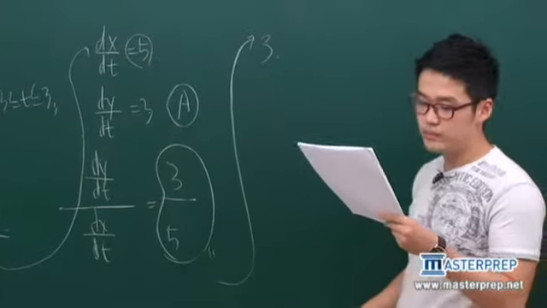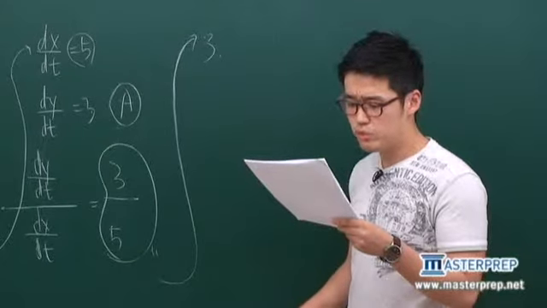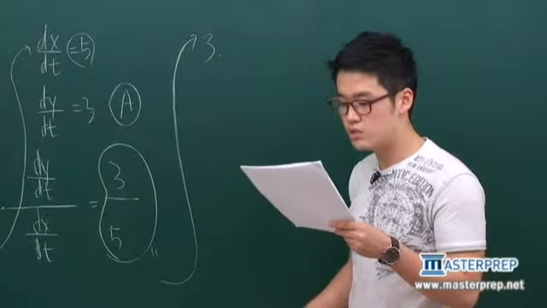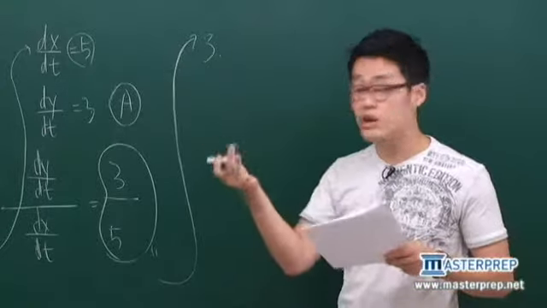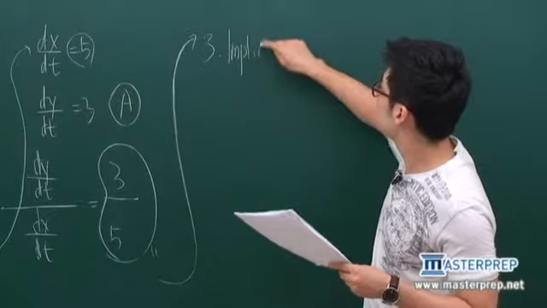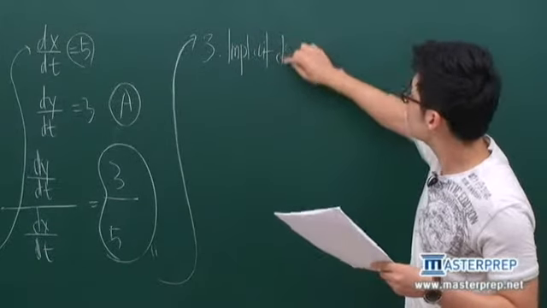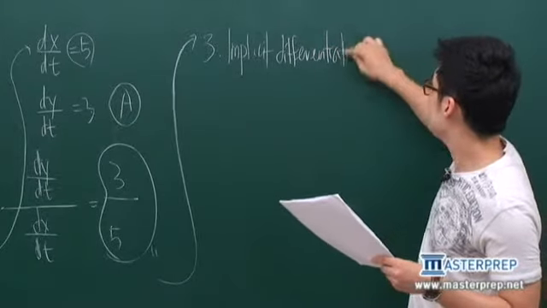So number 3: the slope of the line tangent to the curve y squared plus (xy plus 1) cubed equals 0 at (2, -1). So this is a question of what? This is a question of implicit differentiation.